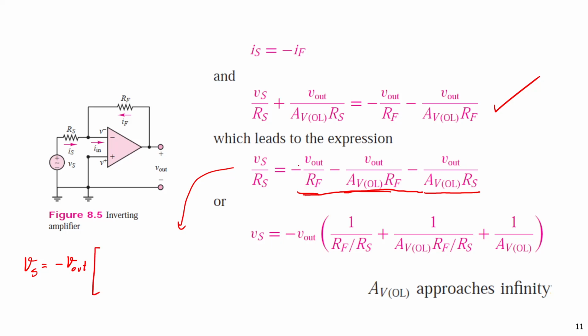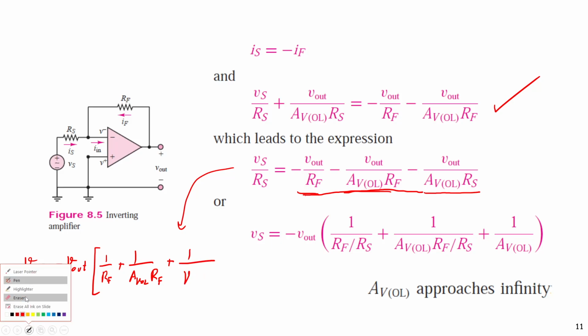Here we take Vout out of the bracket, we get 1 plus Rf plus 1 by A_V open loop Rf plus 1 by A_V open loop Rs.